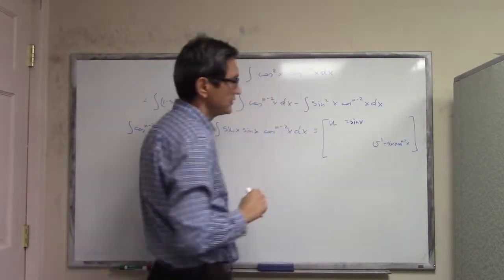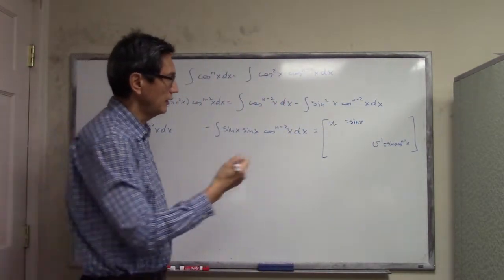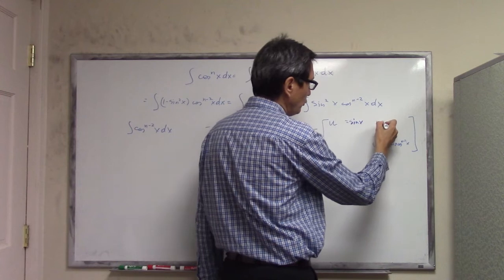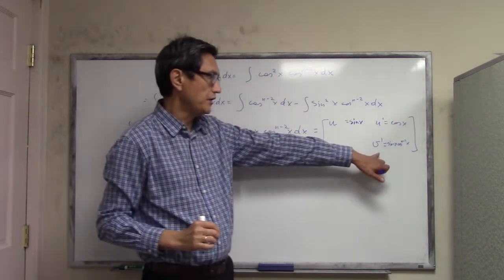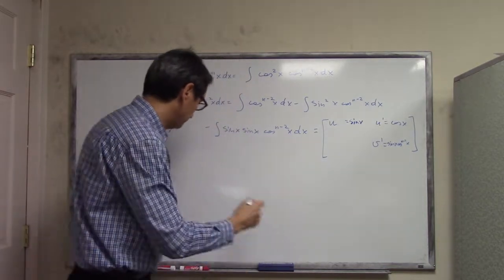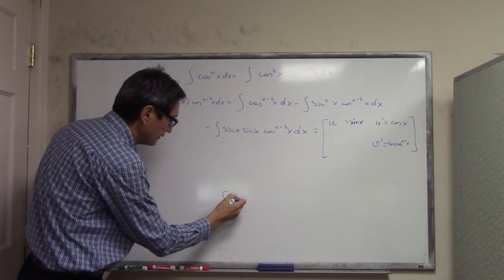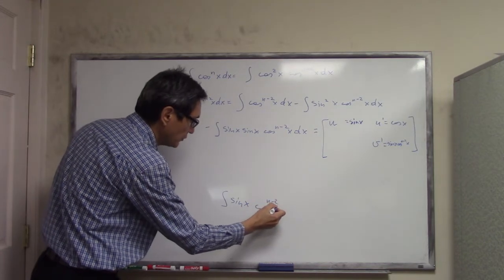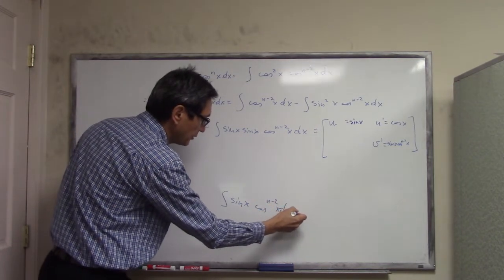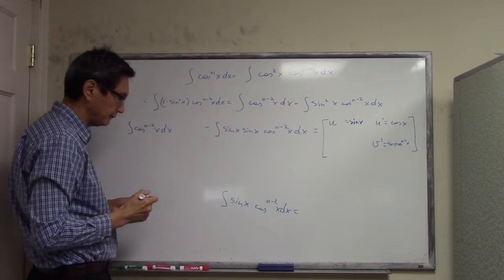To differentiate sine x is straightforward: I get u prime equals cosine x. Integrate sine x cosine raised to n minus 2 x dx. It's a little bit harder, so I'm doing it somewhere on the side.